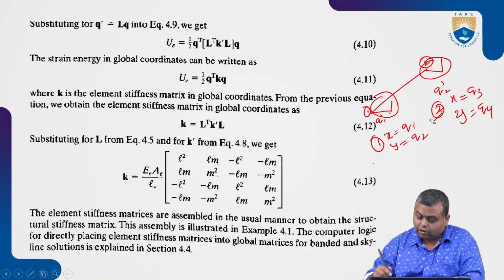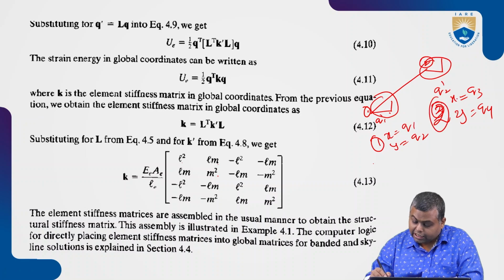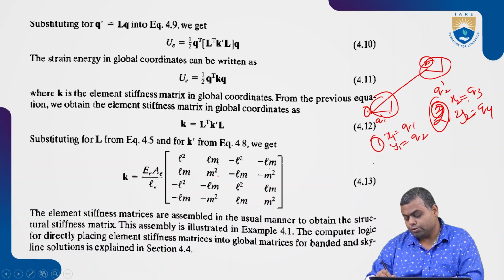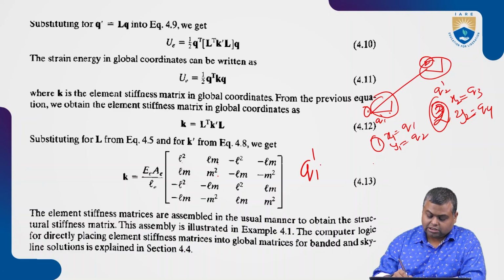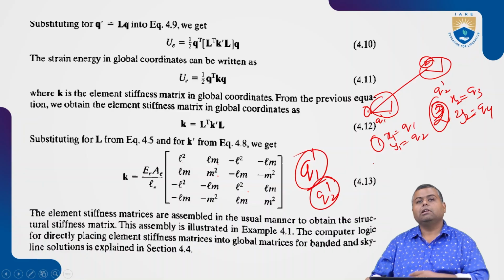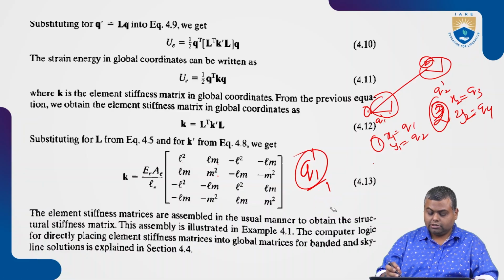So this is at node 1 and node 2: x displacement and y displacement at each node. So these are local displacements. Global are q1 dash and q2 dash. So thereby I will have the relation for this.